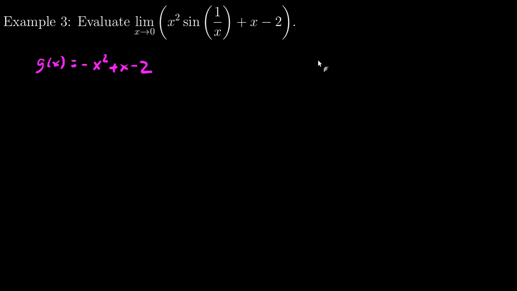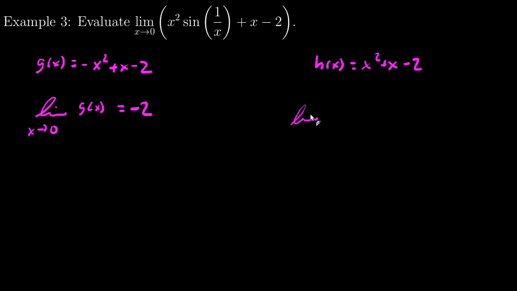On the high end, h of x, the biggest that sine can be is 1, so the biggest this function can be is x squared plus x minus 2. And f is somewhere stuck in the middle. The limit as x approaches 0 of g of x is going to equal, well, this is approaching 0, this is approaching 0, that's negative 2, negative 2.